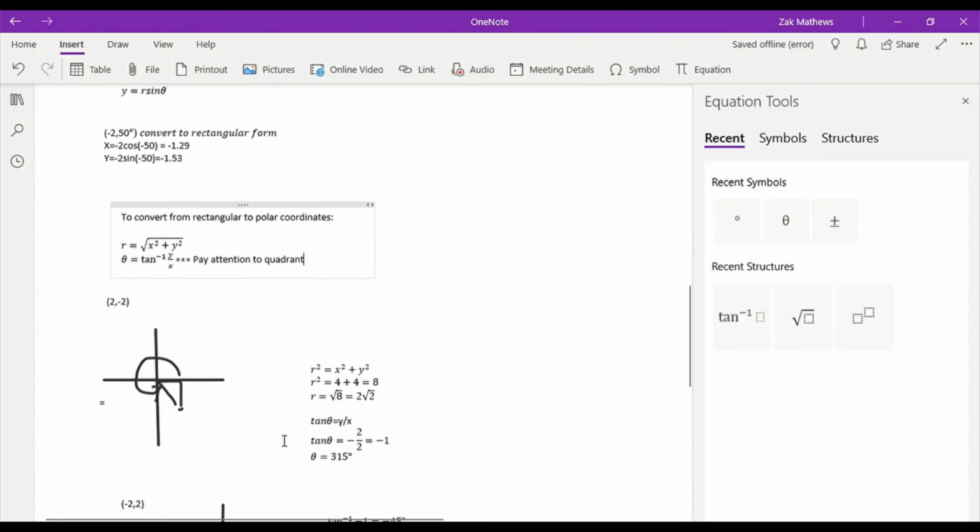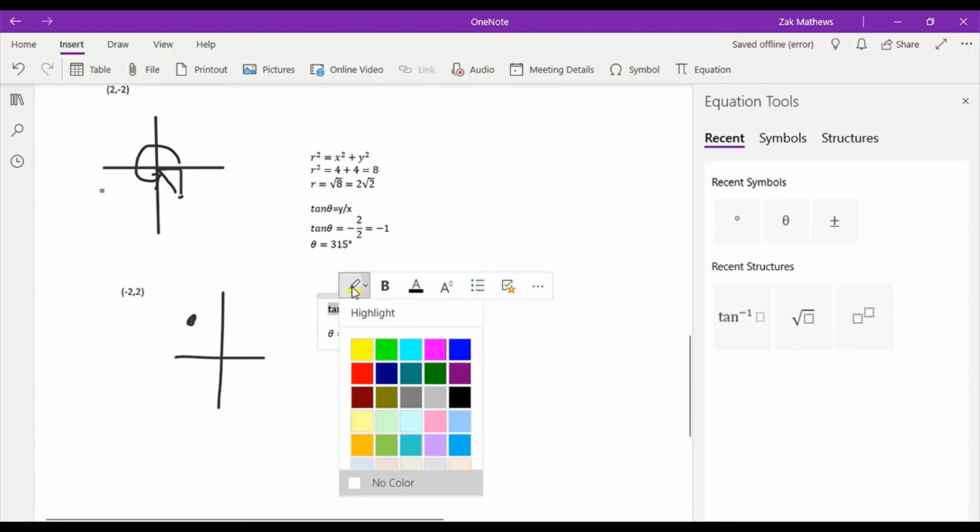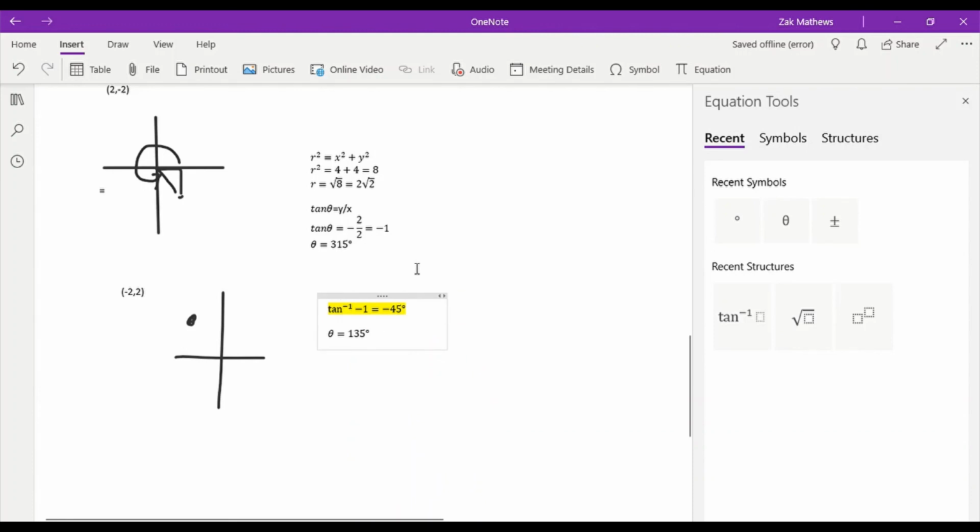Now, there is one last thing to keep in mind, which is if I had not wanted to use the 135, if I had wanted to use the initial 45 that the calculator had given me, I could do that. I would have to use a different r value. Up here, we found the r value to be the 2 square root of 2, and that was correct. But if I want to use a negative angle, then I'd come back here and I'd make that r value negative, because I have the ability to use multiple representations, multiple ways to write out these points.